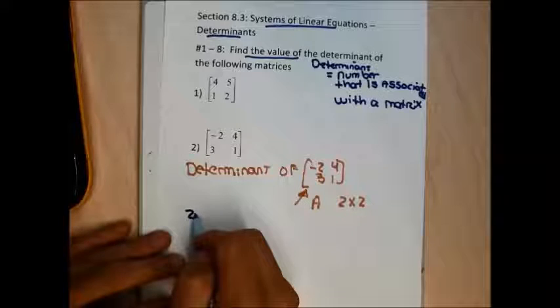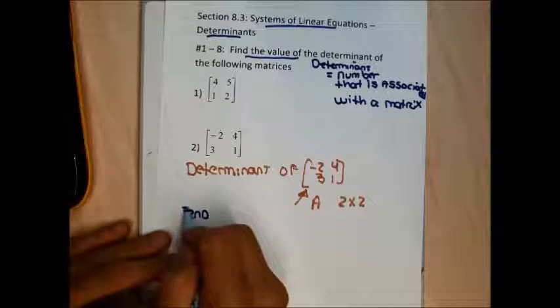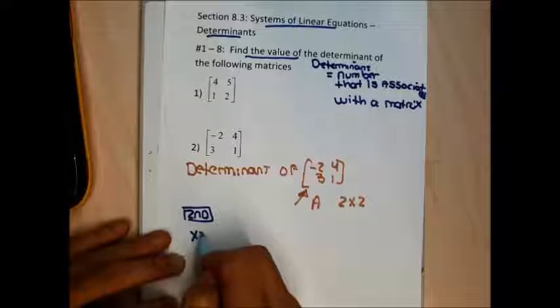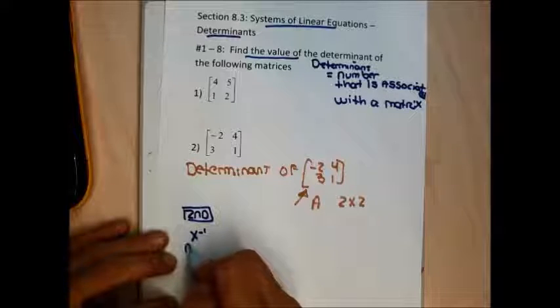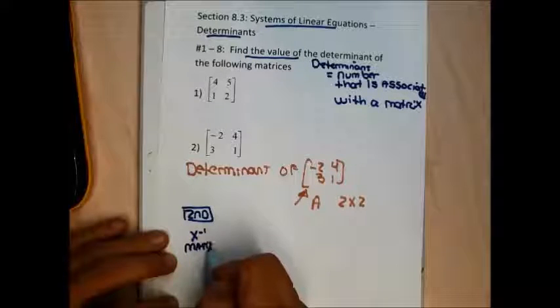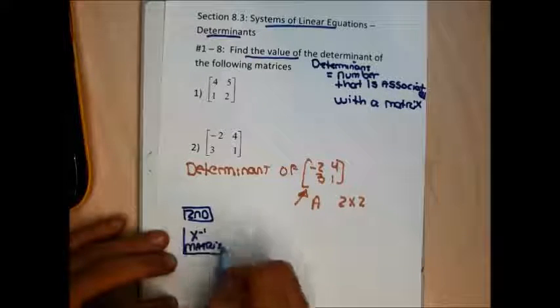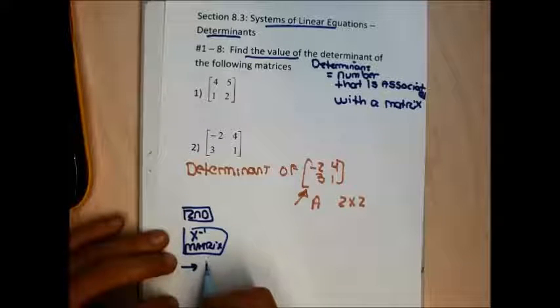To get the determinant, I hit second, again with the X inverse matrix key. Then I'm going to arrow over and get the math highlighted in the middle column.